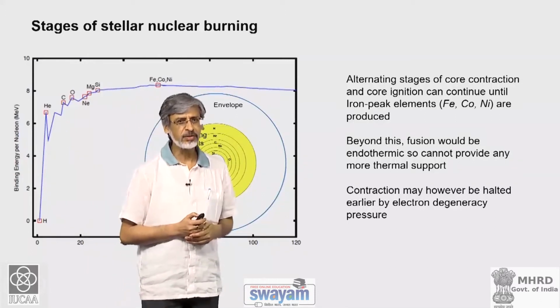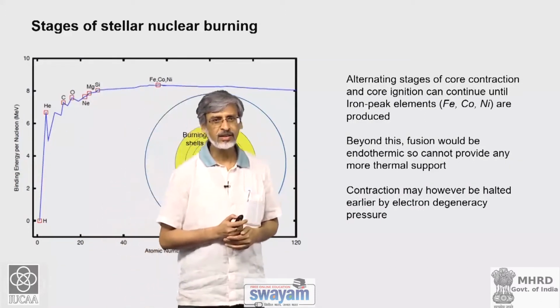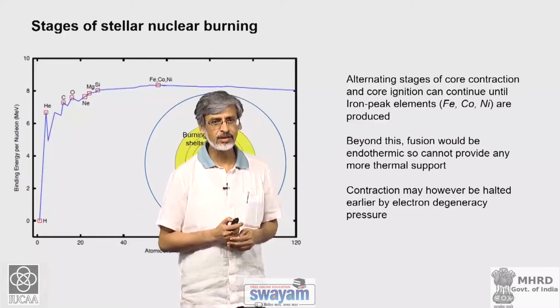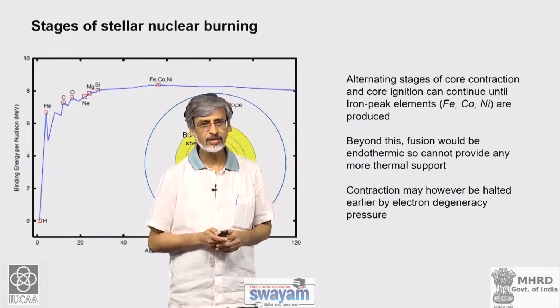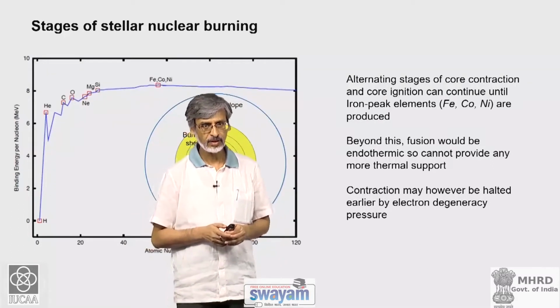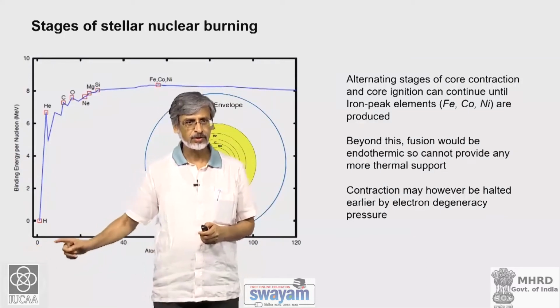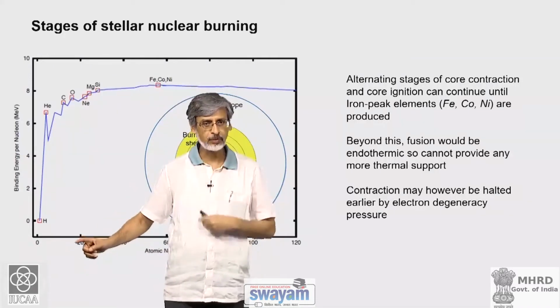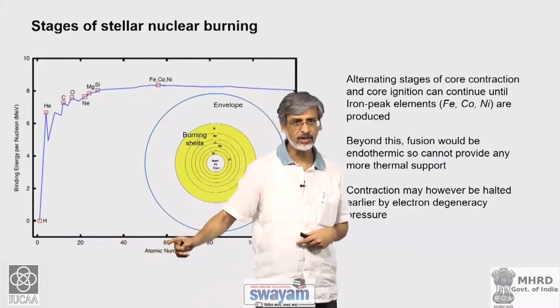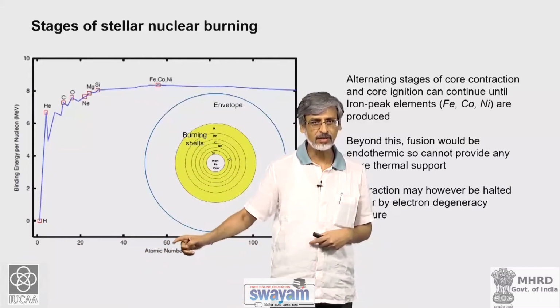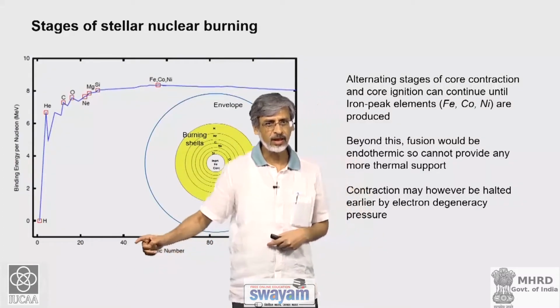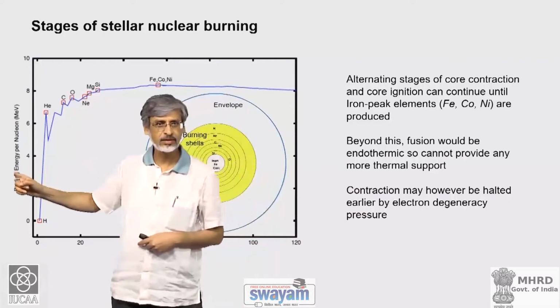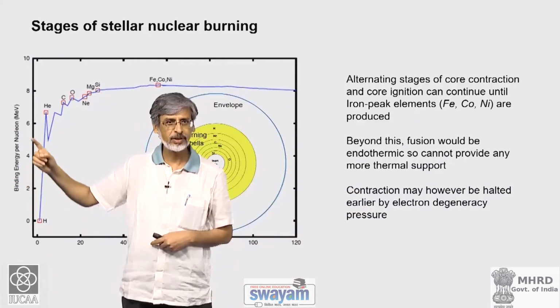But it cannot continue indefinitely, and the reason is easy to see in the nuclear binding energy diagram. So, as you can see here, what is plotted in this diagram, on the horizontal axis is the atomic number, and the vertical axis shows the binding energy per nucleon.